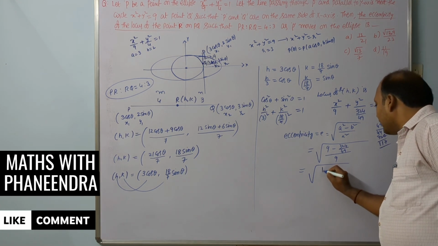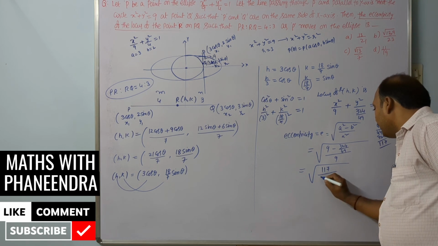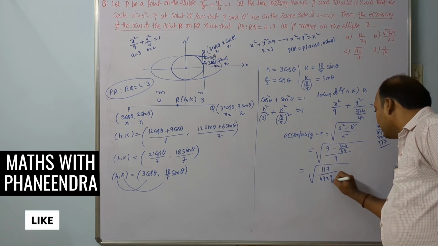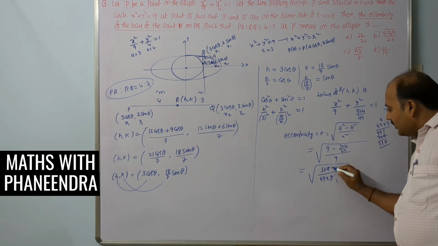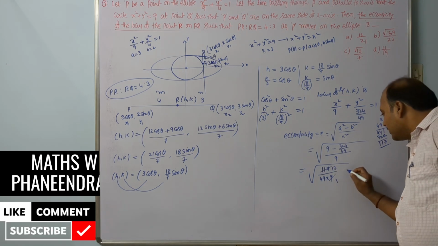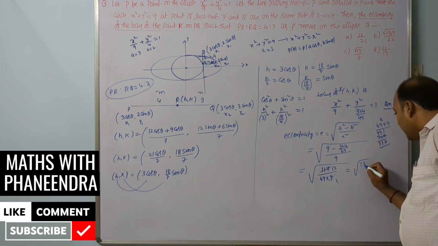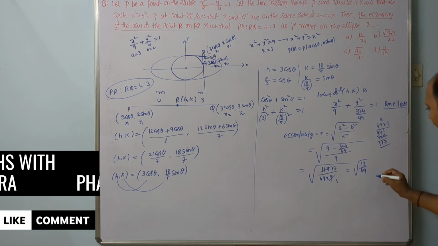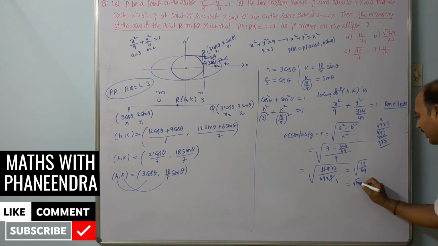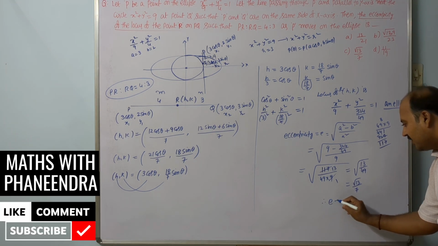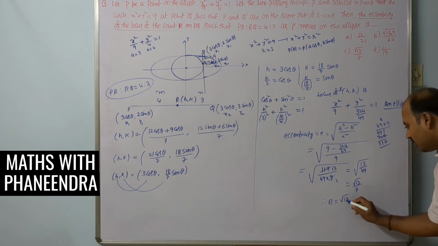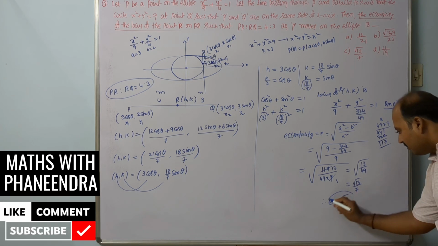So 117 divided by 49 into 9, so 9 ones, 9 13s, which is equal to root 13 divided by root 49, and root 49 is 7. Therefore, the eccentricity e is equal to root 13 divided by 7.